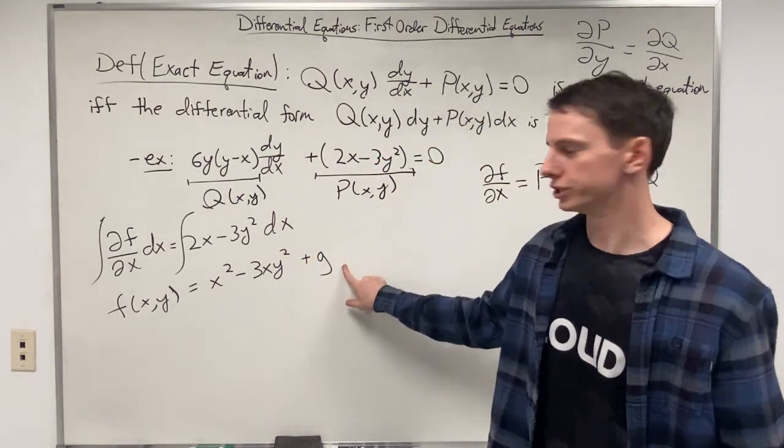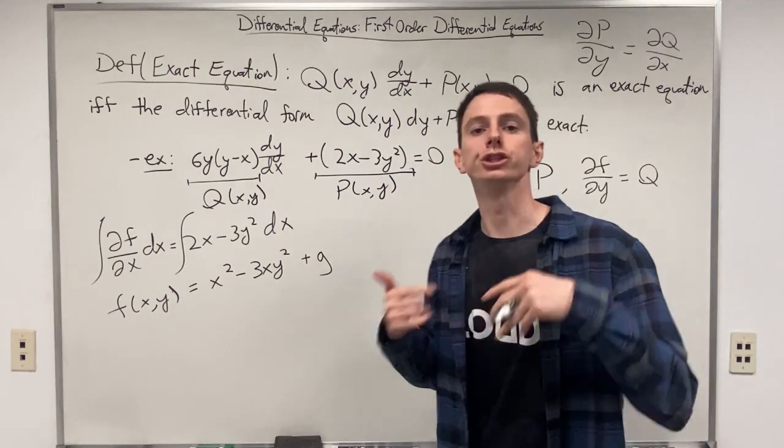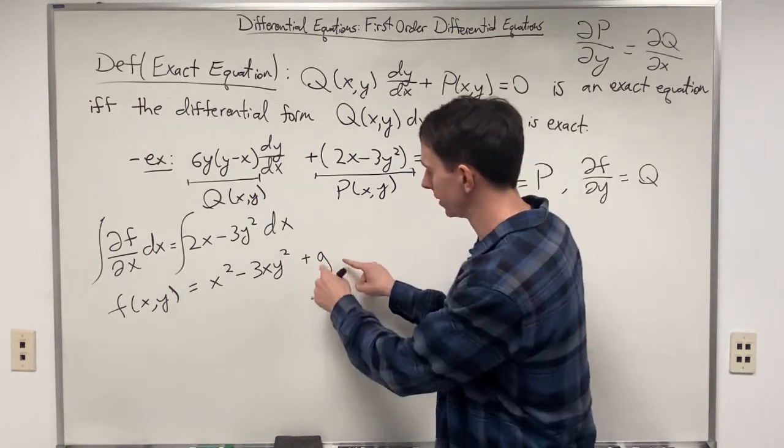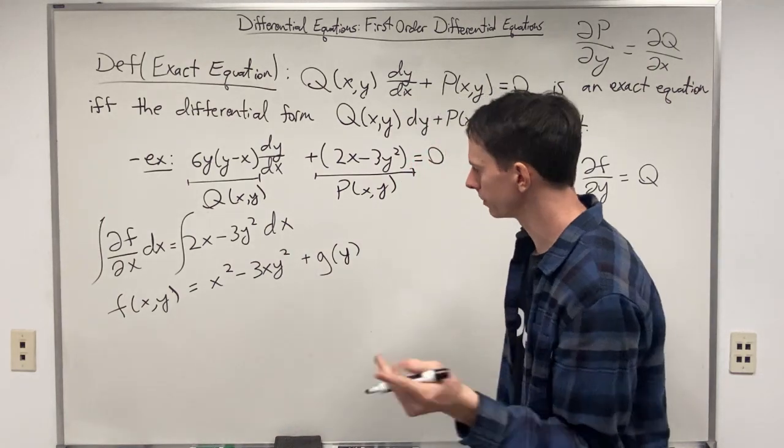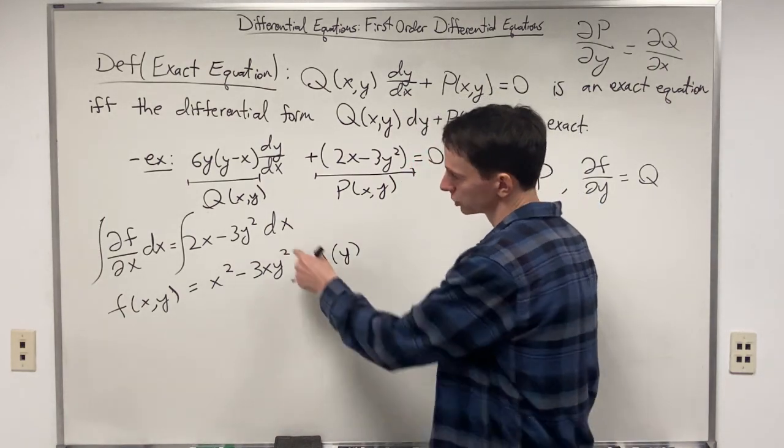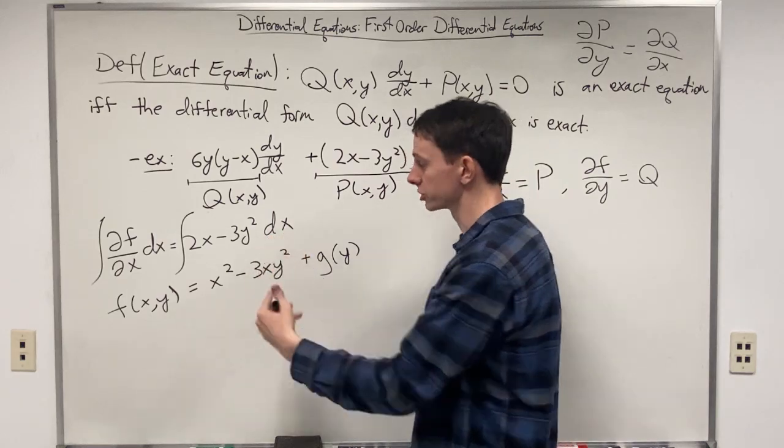Now, the reason why I'm calling it g is because, in the general case, this doesn't need to just be a constant, but could be some function of y. The reason being that we're integrating here with respect to x.